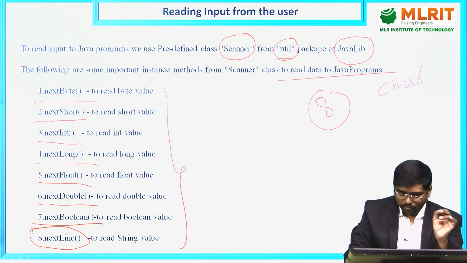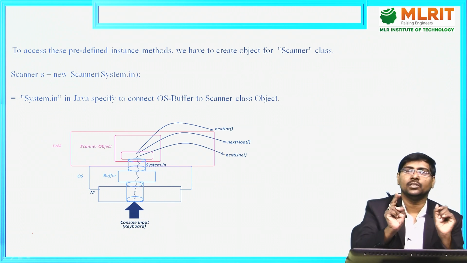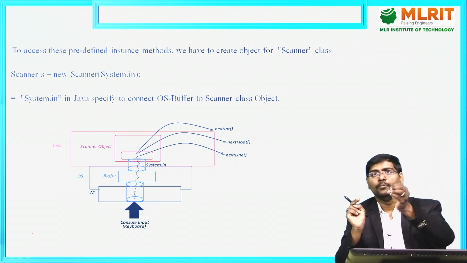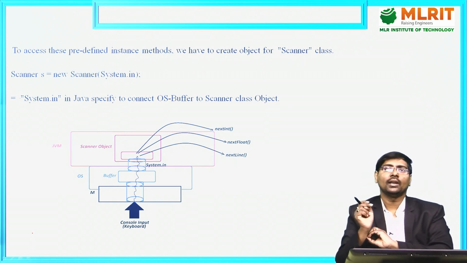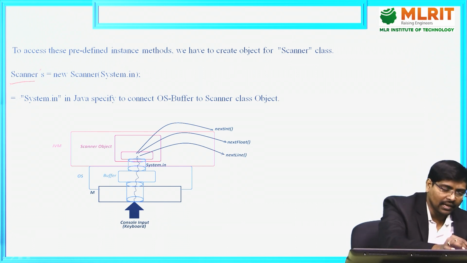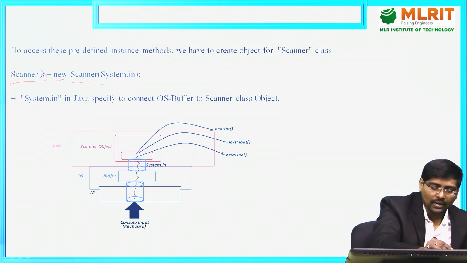Now, my step is to create an object. How to create an object? You know that one. ClassName object = new ClassName(). Similarly, what is the class name? Scanner, fixed. You can write any object name, new Scanner with one parameter.